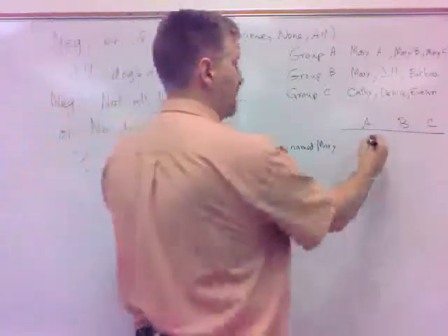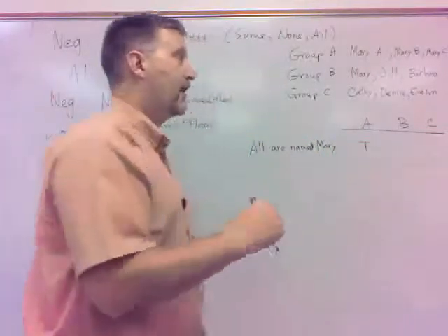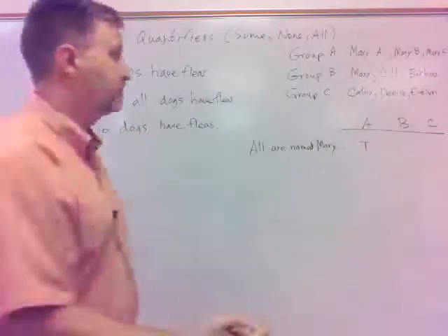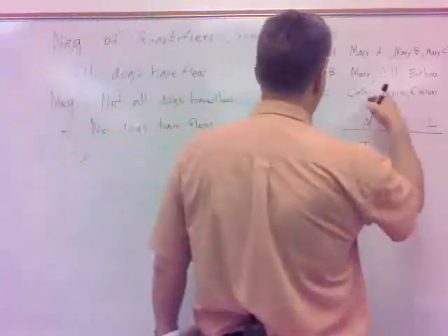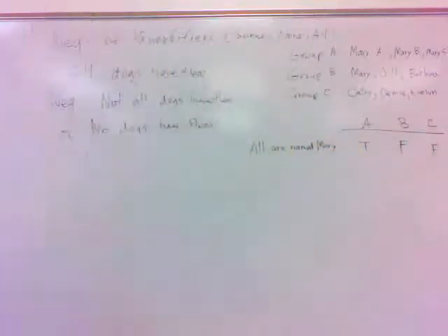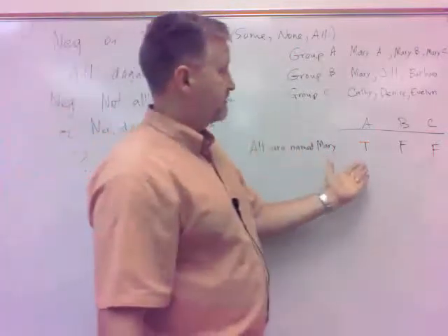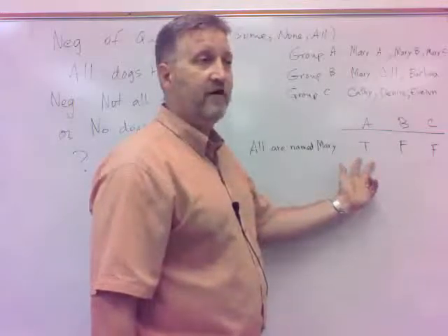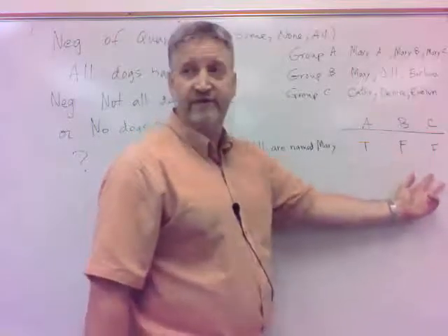All of them are named Mary. But what about Group B? Are all of them named Mary in Group B? No, so that's false. And all of them are named Mary in Group C, obviously, that's false. To be a negation then of this, it has to be opposite in all cases. So if I have a negation, what is it going to be across the board here? The negation is going to be false, true, true, isn't it?